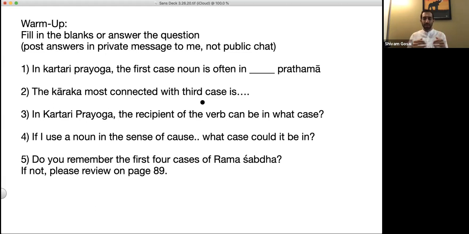For example, when prati is connected with any word, it gets the second case, and that does not really have to do anything with the karaka. We didn't know that karaka and vibhakti are two separate things, but oftentimes, in other places, they make them equal to each other. I just want to make that clear. So number two, the karaka most connected with the third case is karana karaka, right? Karana, the instrument of action.